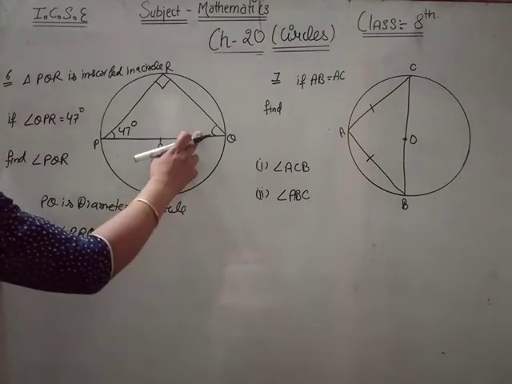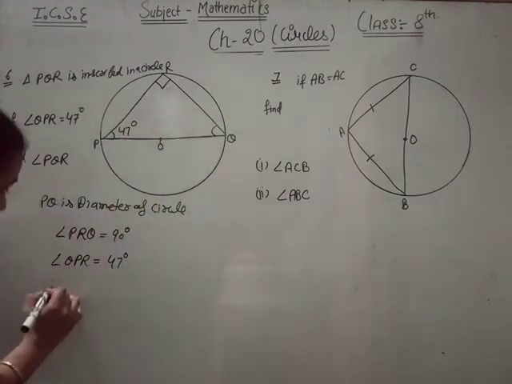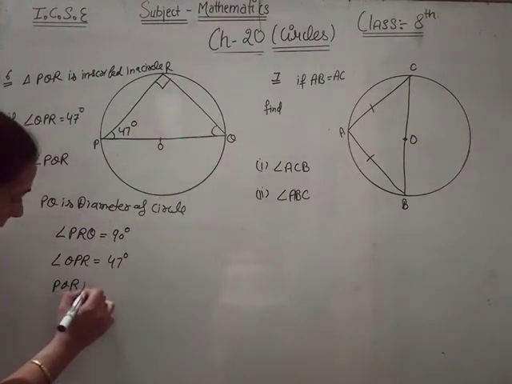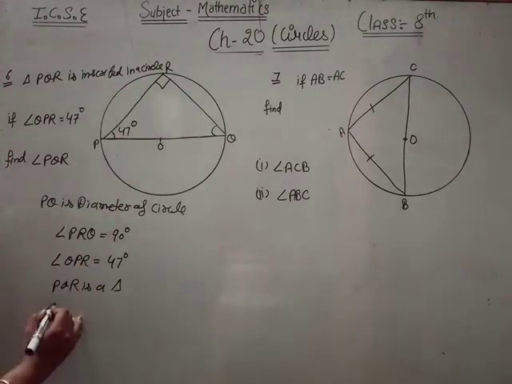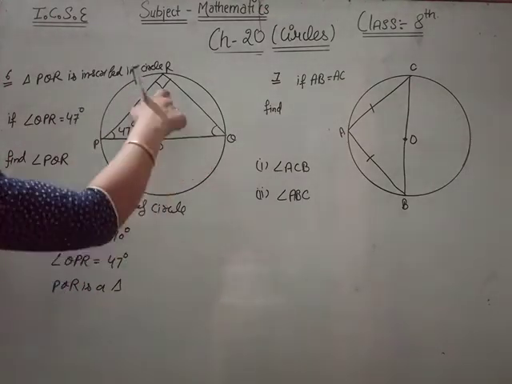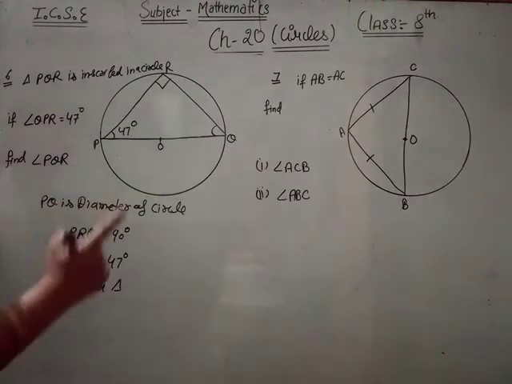Then we find out this angle. PQR is a triangle, and we know that the sum of all the angles equals 180.